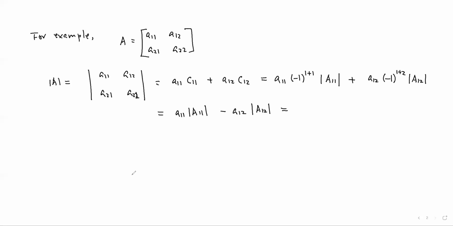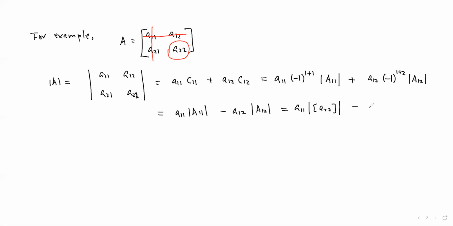Then capital A11, by definition, is the matrix obtained from the matrix A by deleting row 1 and column 1. Delete row 1, delete column 1. So only this entry remains. So this matrix is the determinant of this matrix A22.